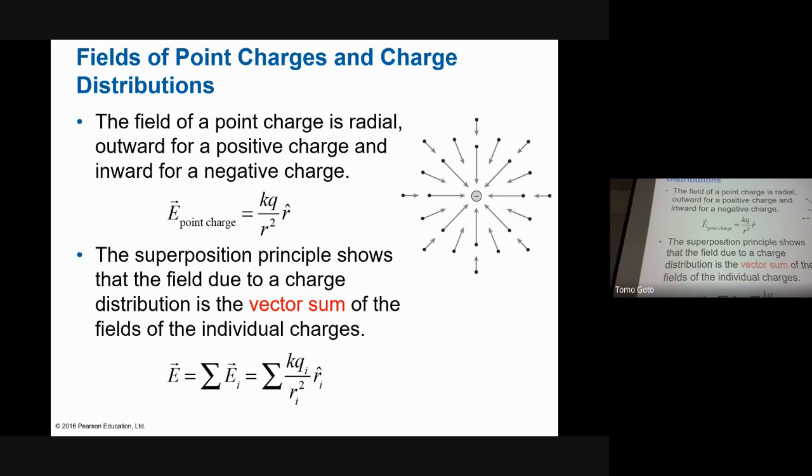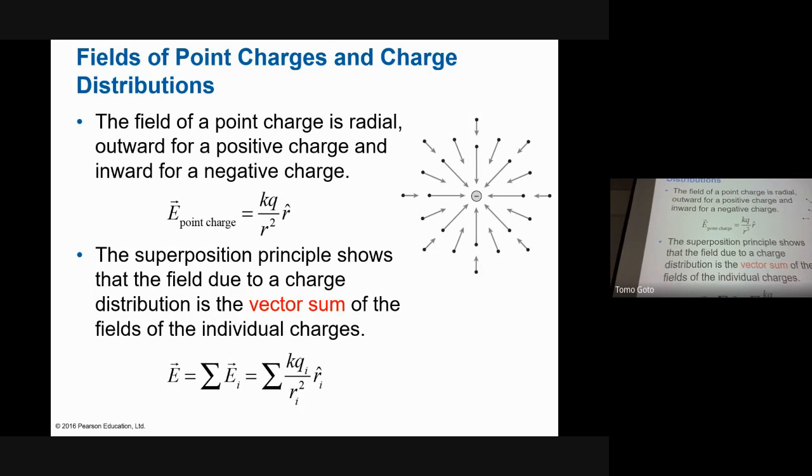Okay, I already spoke about this, but if you have a point charge, then the electric field is in a radial direction like this, depending on plus or minus because of Coulomb's law. And then this we already talked about. This is the superposition principle.